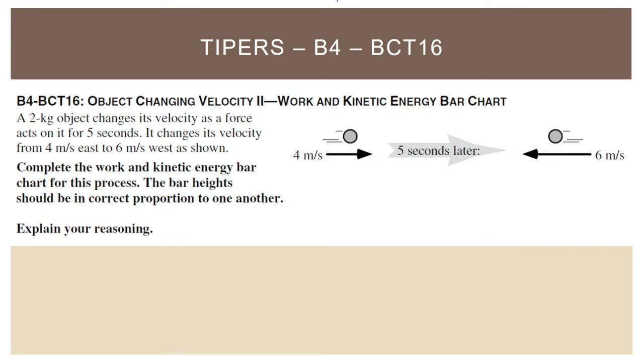This problem says a 2 kilogram object changes its velocity as a force acts on it for 5 seconds. It changes its velocity from 4 meters per second east to 6 meters per second west as shown. Complete the work and kinetic energy bar chart for this process. The bar heights should be in correct proportion to one another.